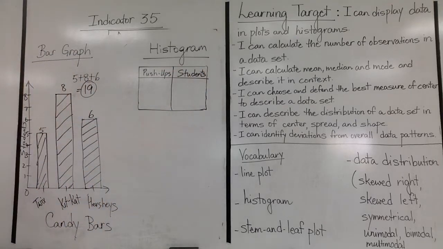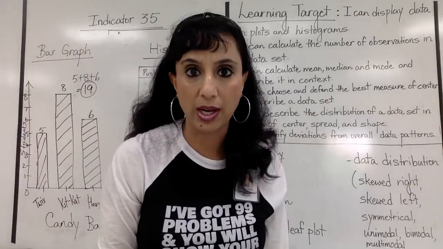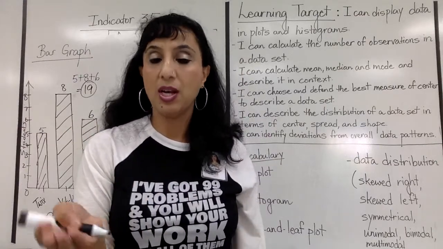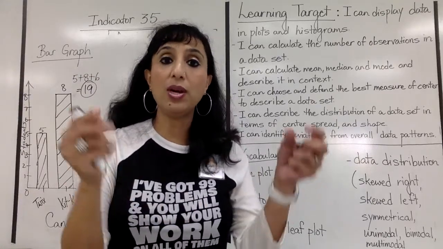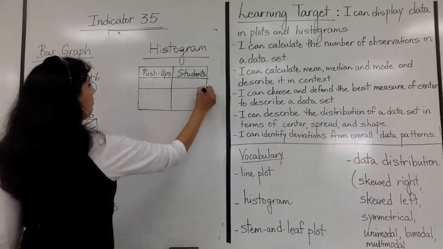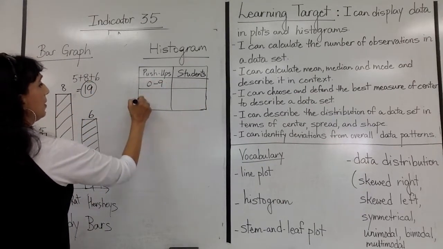All right, so this is categorized in intervals. A student may have done 0 push-ups, can't do a single one, or could have done 8 push-ups, could have done 7 push-ups. So what we do is we categorize in intervals. So let's say I have 0 to 9 push-ups.